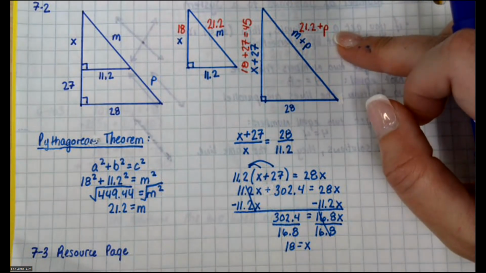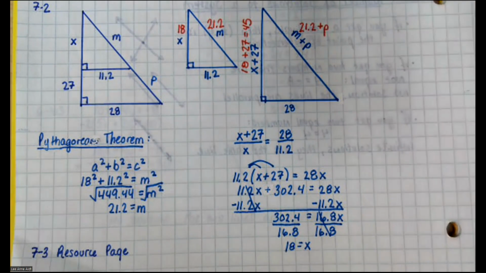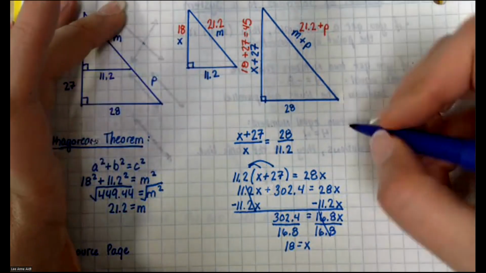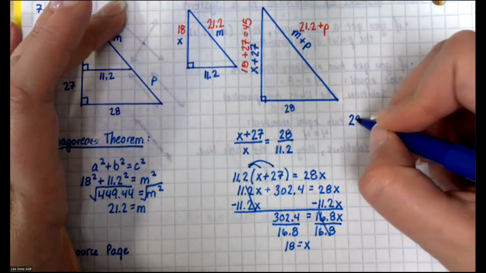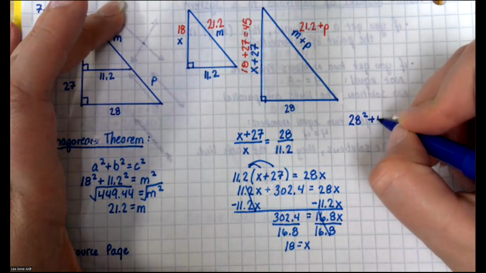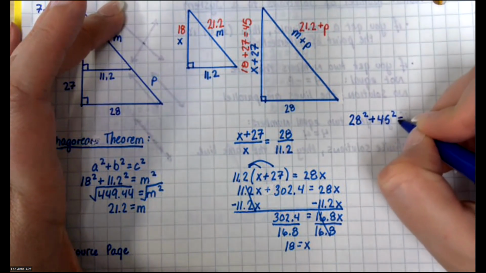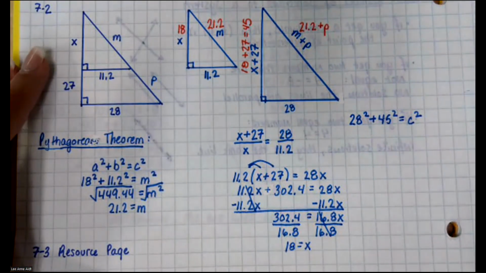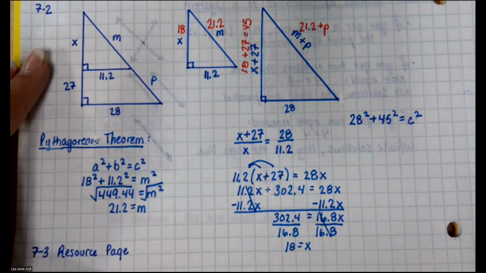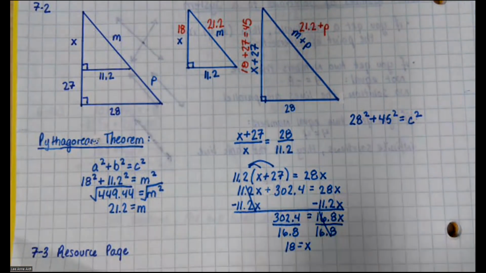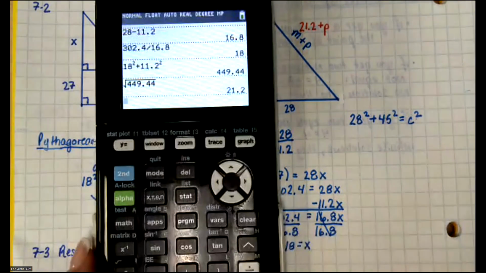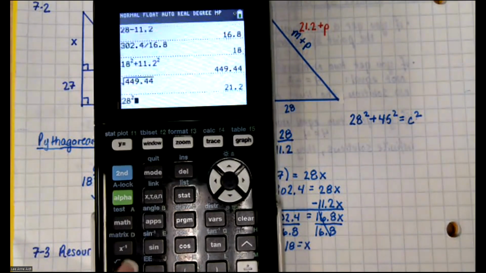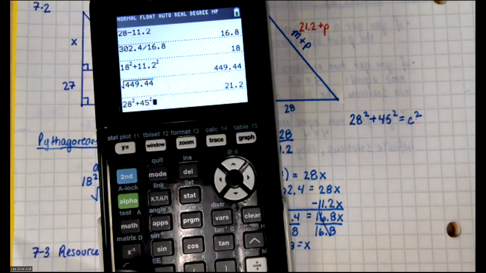Stan, you have another idea? Oh, yeah. Okay. So come over here. 28 squared plus 45 squared equals C squared. Does that make sense so far? Yeah. Okay, so now let me show you what I'm trying to say here. 28 squared plus 45 squared.